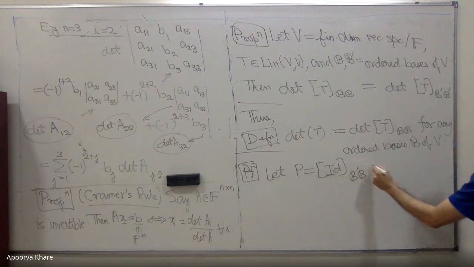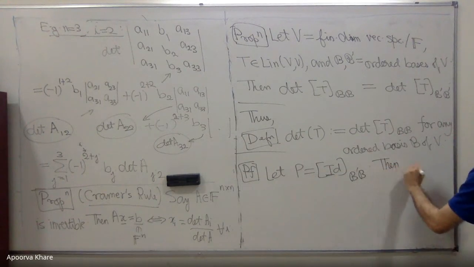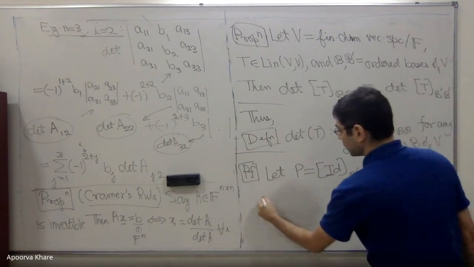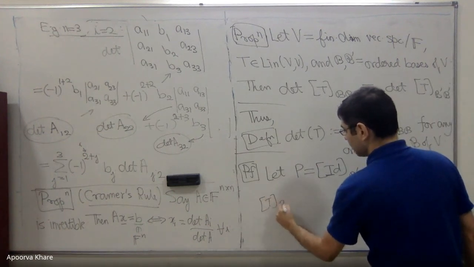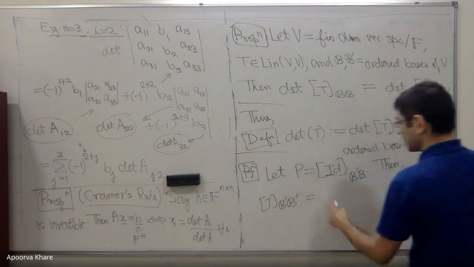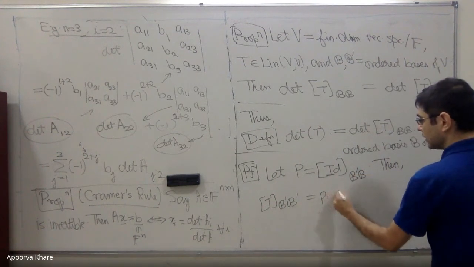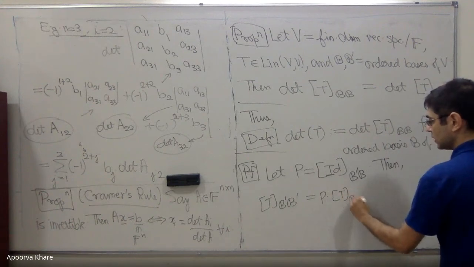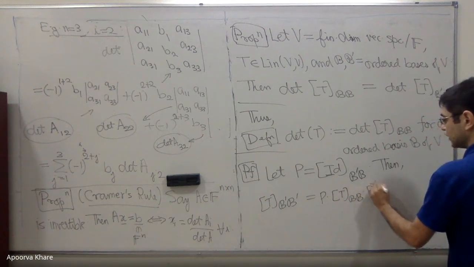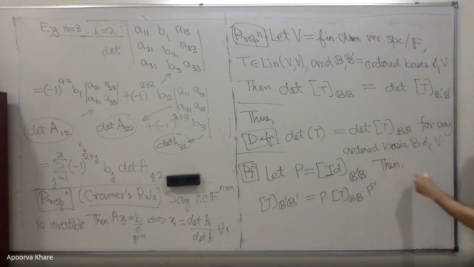Then we can write down the cancelling calculation. Then I know that the matrix of T with respect to B prime, B prime is P times the matrix of T with respect to B, B, times P inverse. And note that P is invertible, of course.